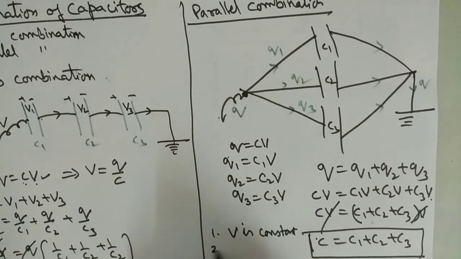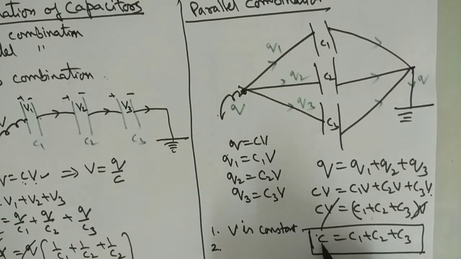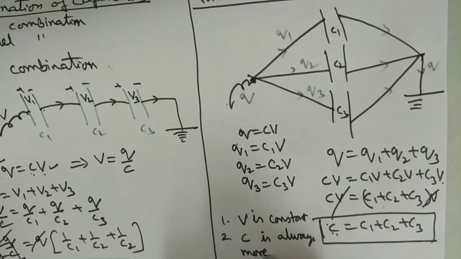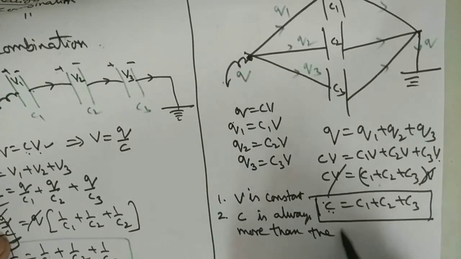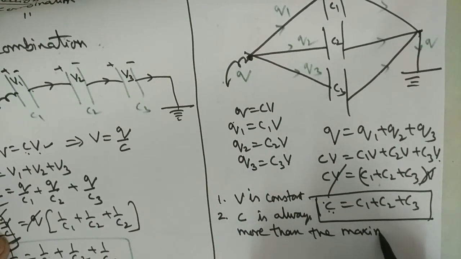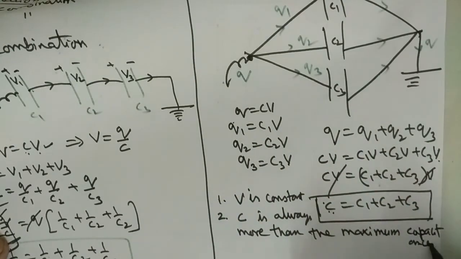And second, the resultant C is always more than the maximum capacitance which is connected in the parallel combination.